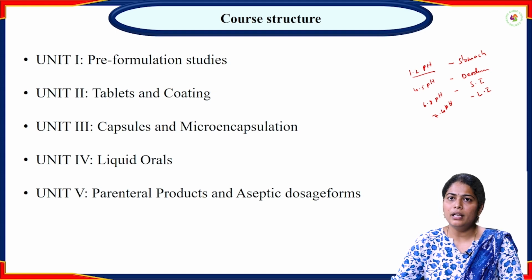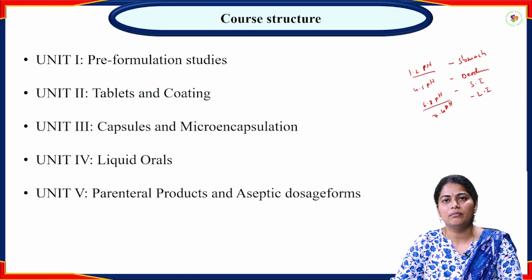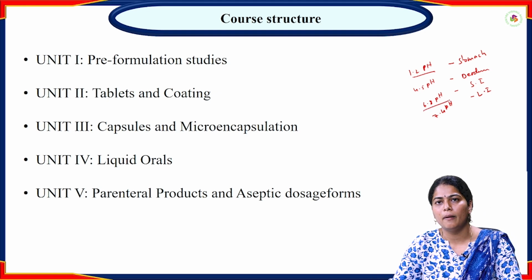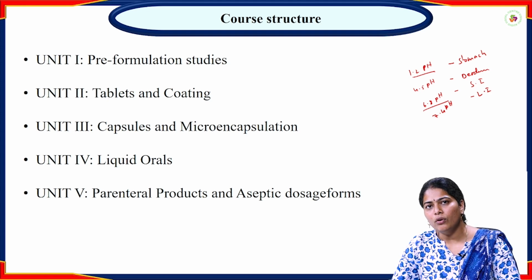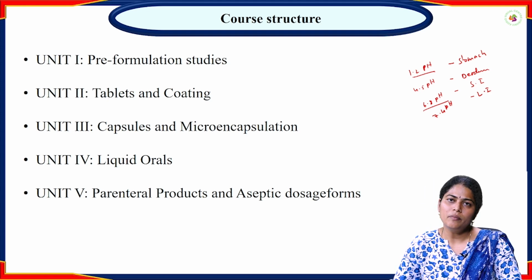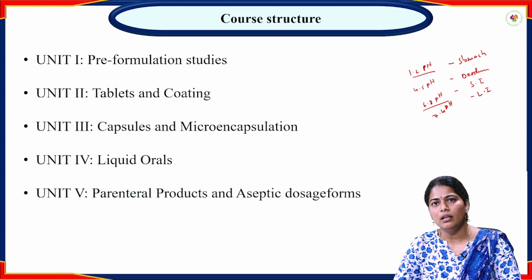If the drug solubility is more in 6.8 phosphate buffer, say for example, then we will prepare a dosage form that, after oral administration, immediately goes to the small intestine. There it will solubilize and be absorbed through the small intestine. So that's why initially we need to go with solubility studies.